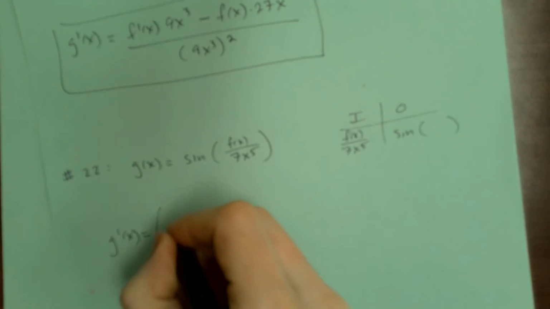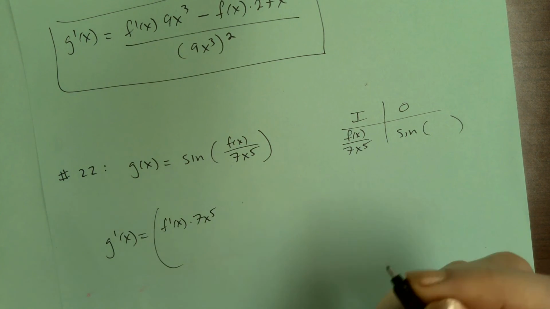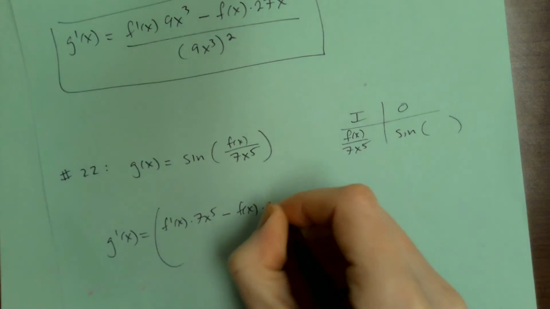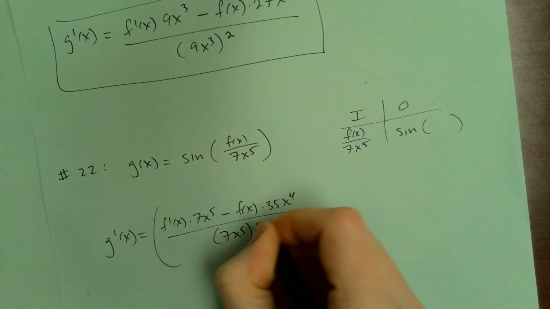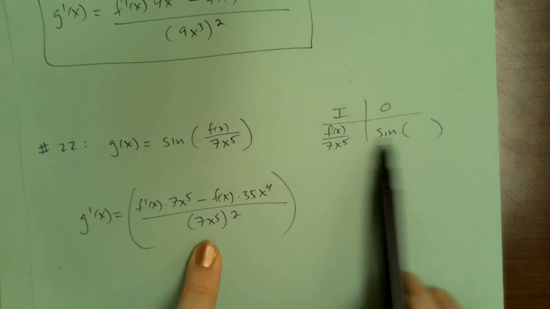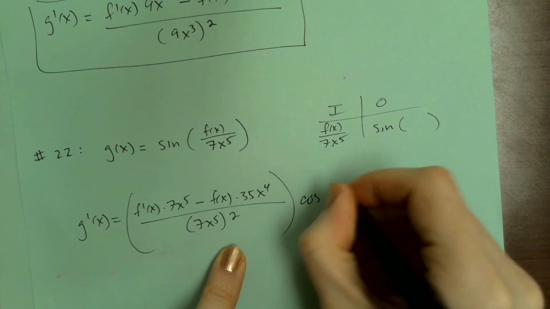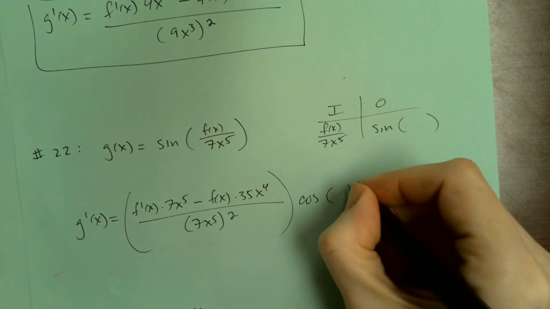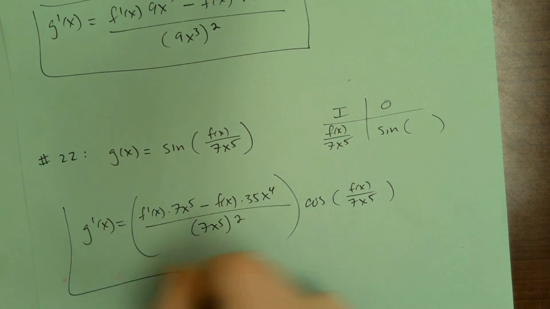So derivative of the top, bring down the bottom, minus, bring down the top, derivative of the bottom, all over the bottom squared. Okay, that's the derivative of the inside. Now the derivative of the outside, the derivative of sine is cosine. So cosine of blank, but what goes back in the blank is what used to be inside.